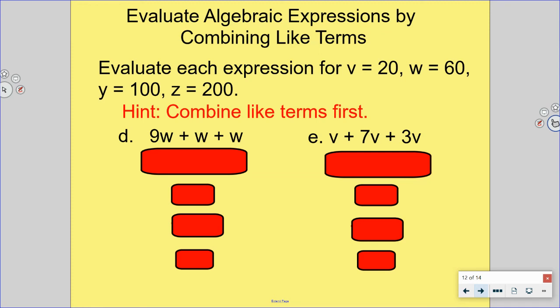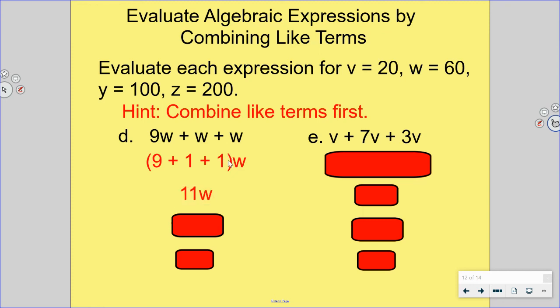Now let's go ahead and use those ideas together with a little bit of mental math as well. 9w's plus w plus w. Okay, don't try to do all that multiplication and then add. Combine those like terms first. 9w's plus an extra w is 10w's plus one more is 11. Okay, 11w's, 11 times 60 is 660.